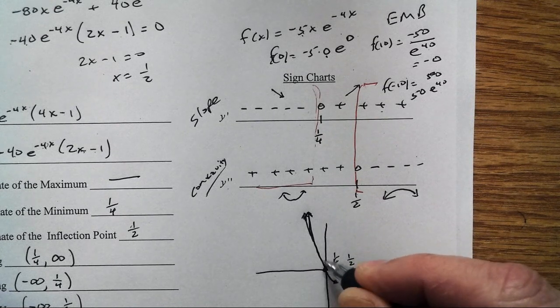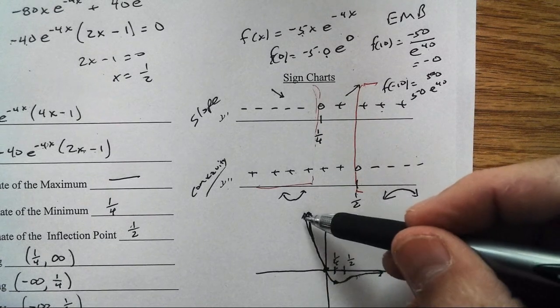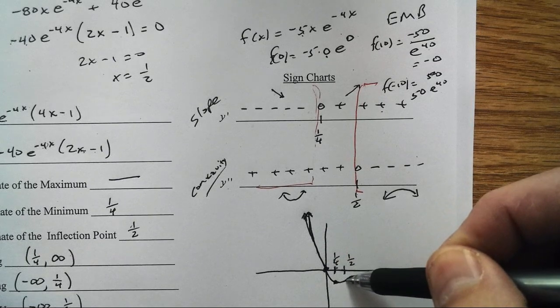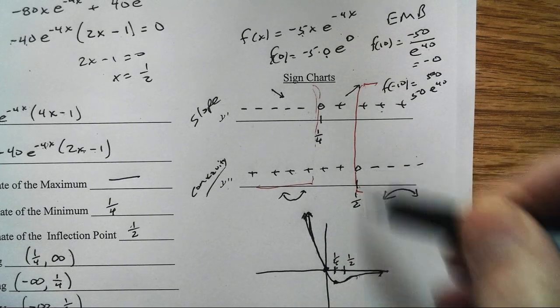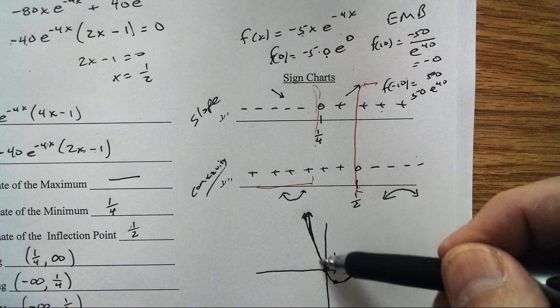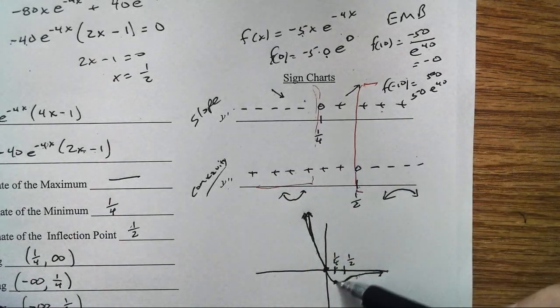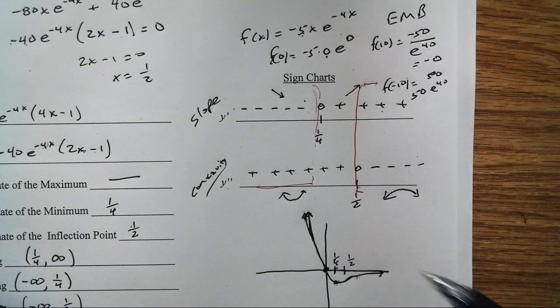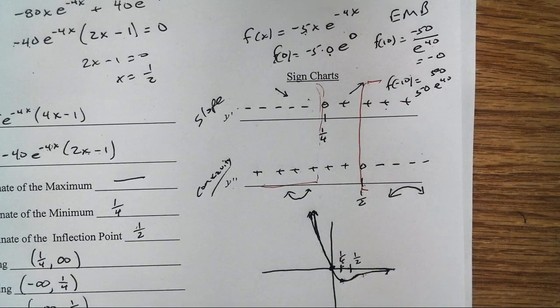And then we're cupping up. So here we go: cupping up from negative infinity until 1/2, cupping down after, going down from negative infinity to 1/4, going up after that. So there we have it. Hope that's helpful. Let me know if I can help.